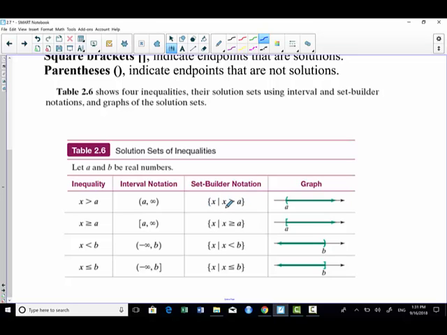The interval notation always uses a pair of 2 numbers, and the number on the left represents the smallest possible number in this set. On the graph, it is the left endpoint. The number on the right is the right endpoint, which also means the biggest possible value in this set.